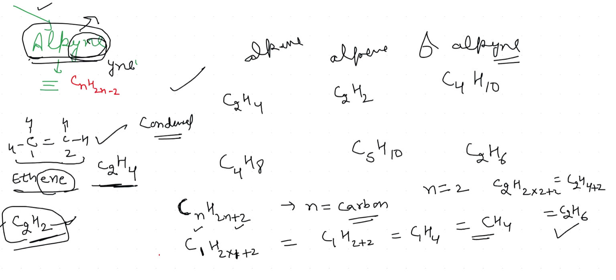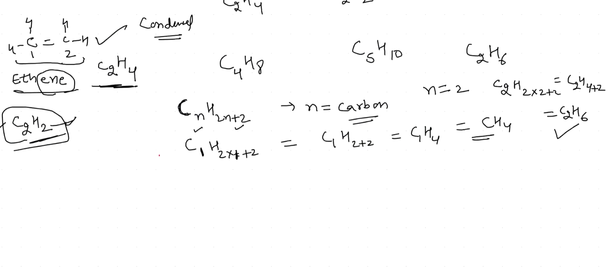And what is for alkene? Formula for the alkene is CnH2n. Put the value of n here 1, H is 2 into 1. Then, sorry, for alkene the minimum value of n should be 2. So put here the value 2 into 2, and you will get C2H4.